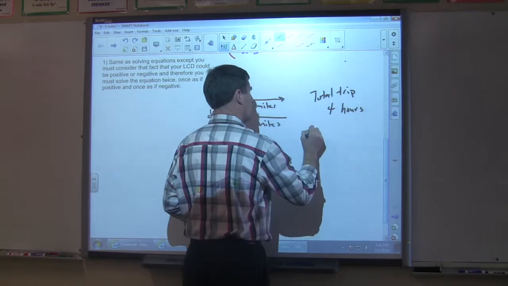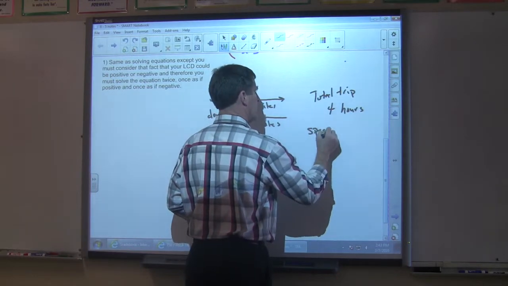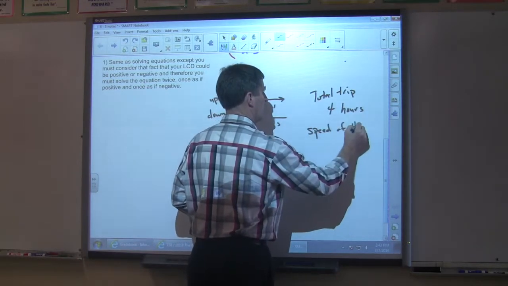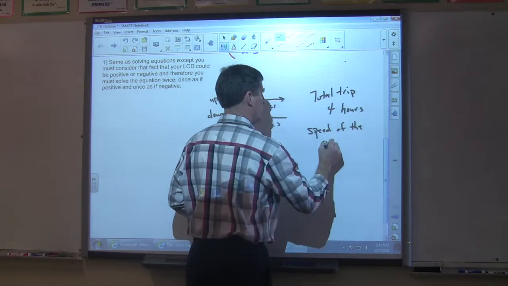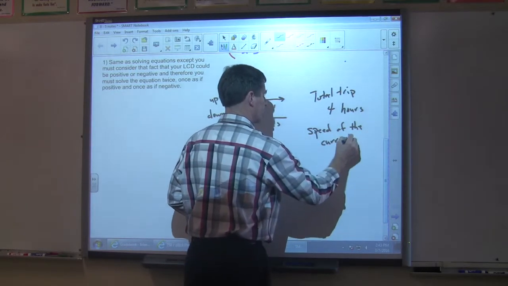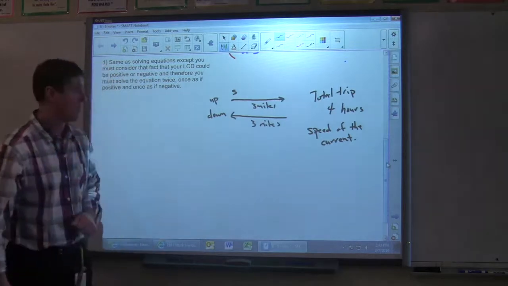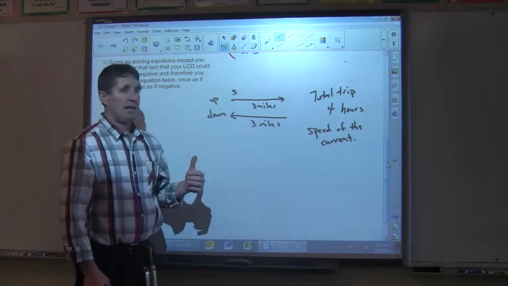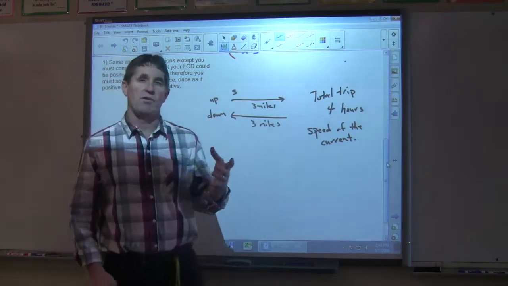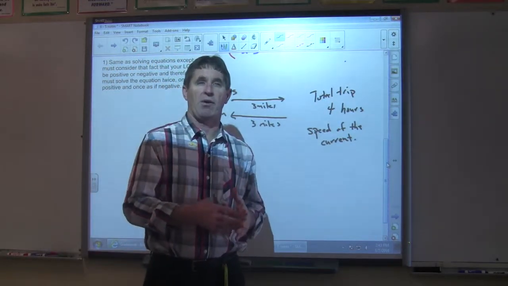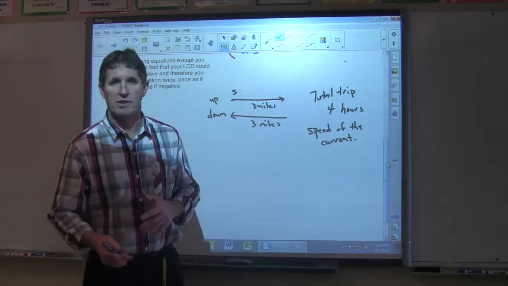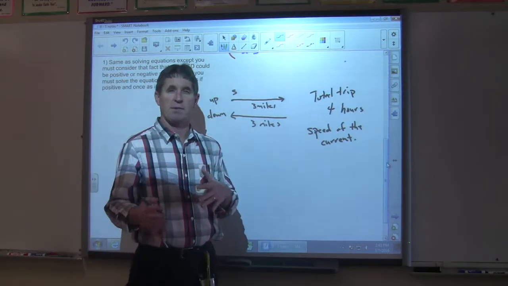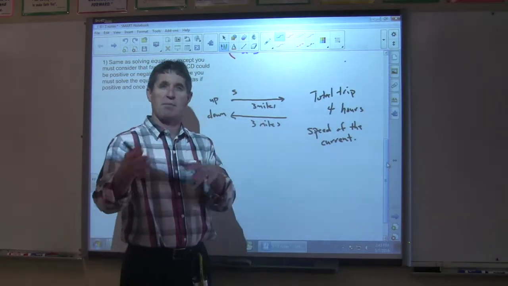And they want us to find out the speed of the current. Okay? So this is a distance problem. If you're driving 60 miles per hour and you drove for 3 hours, you could tell me that you'd gone 180 miles by taking the speed times the time.